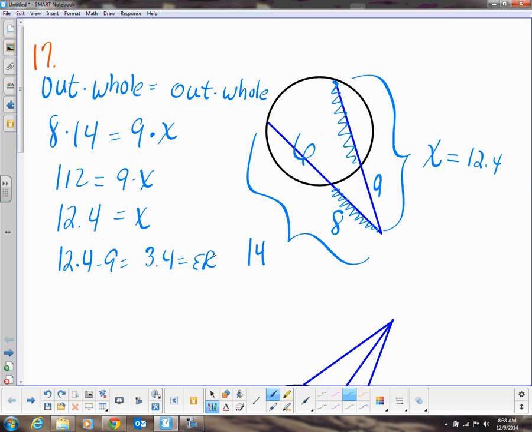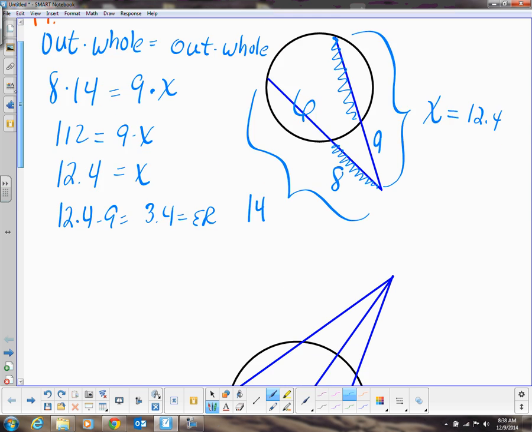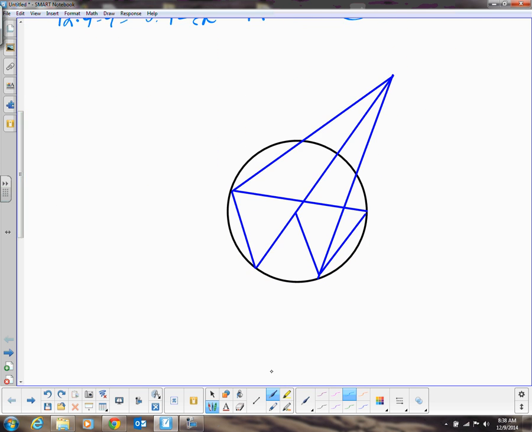Okay, let's go to the angle chaser diagram. And they told us you've got to get all your angles first. This is D, or I should say arcs. E, F, we're going to do 25.